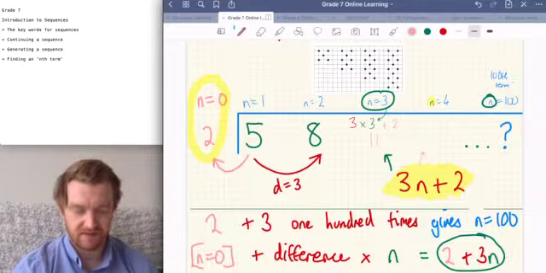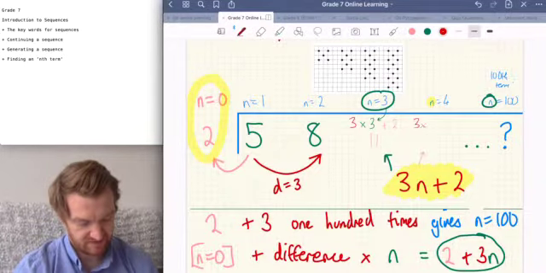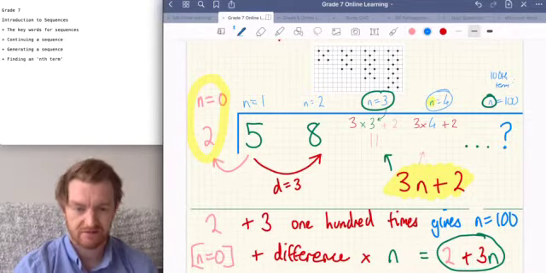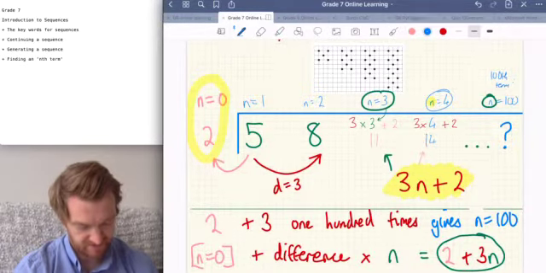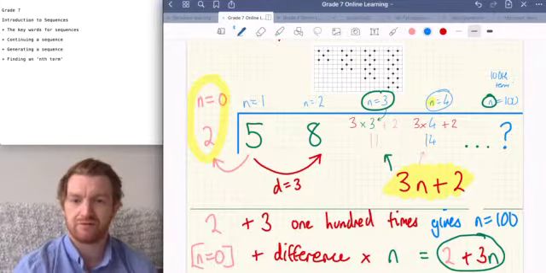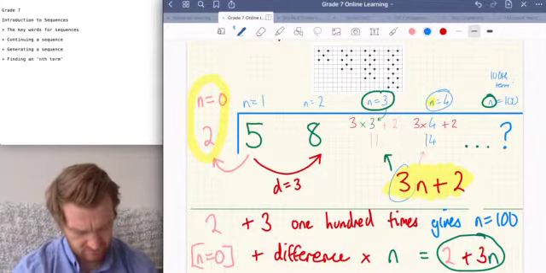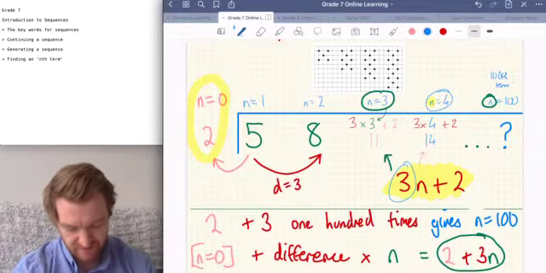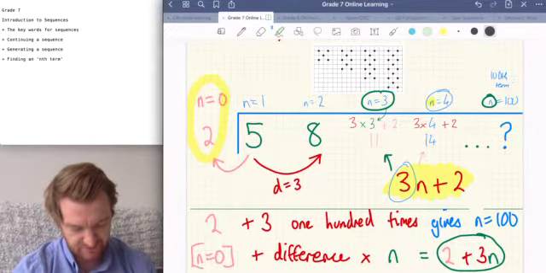Here we do the same thing. We'd say 3 times something, plus 2, but we're going to add on 3 4 times, because its n is 4. So 3 times 4 is 12, plus 2 is 14, and we can see that there are 14. Let's go right back to the picture. Where does this 3 come from? Well, hopefully we can see, I'm just going to highlight it for you in blue.